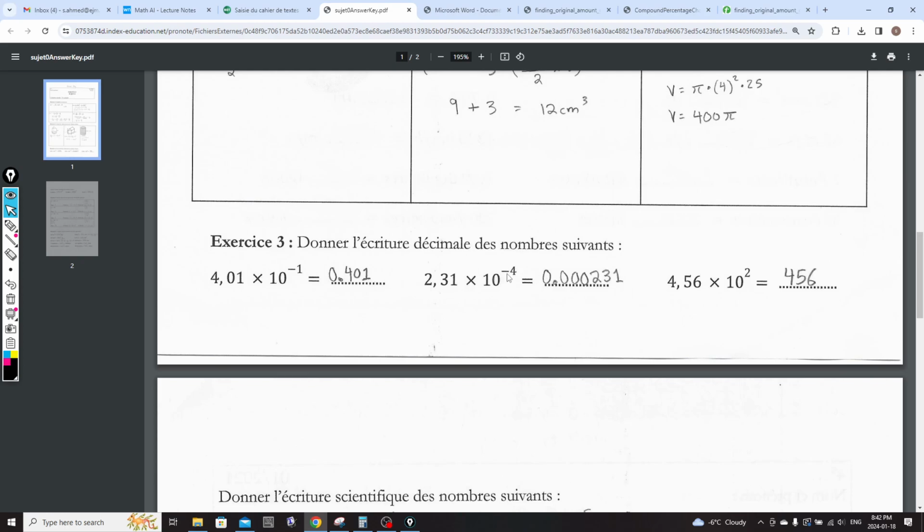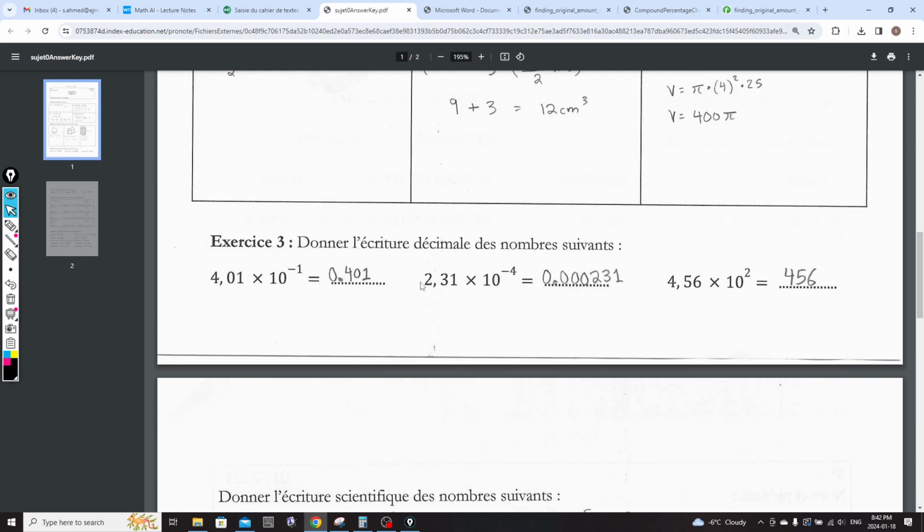Now here, same thing. This is going to be moving to the left 4 times. So you're going to be moving to the left once, twice, 3, and 4 times. Now this is what you get. Again, remember, the decimal right here was originally between the 2 and the 3. So you can actually see that it's moved to the left 4 times. It was originally right here, so check this out: 1, 2, 3, 4.